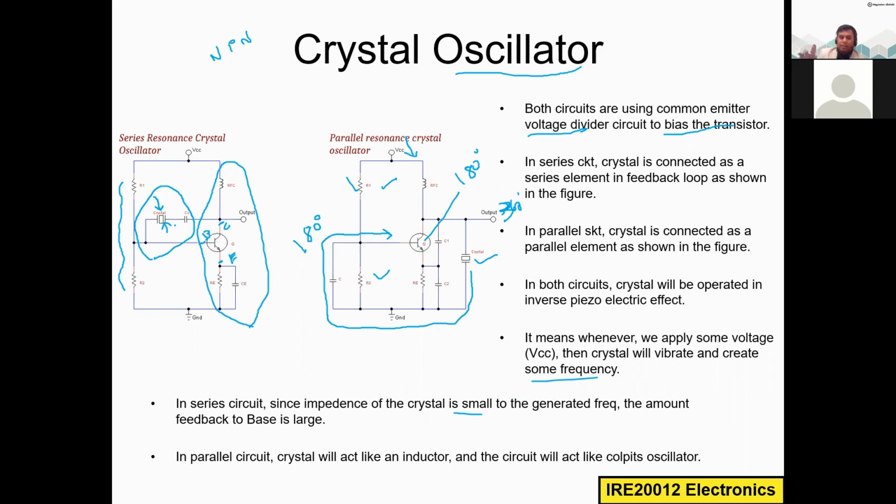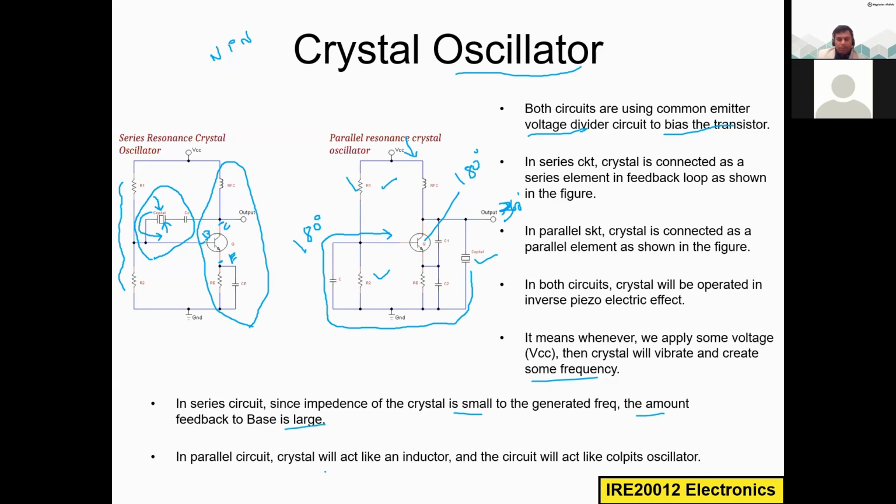That is a kind of resistance, so that will be very small. So if this opposition to the current is less, then the current flow to the base will be high. So that is what is mentioned here: the amount of feedback to the base is large.